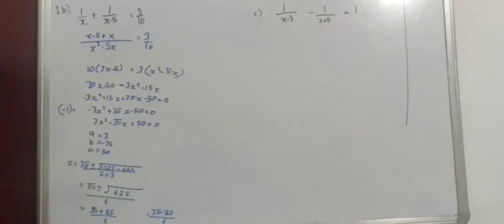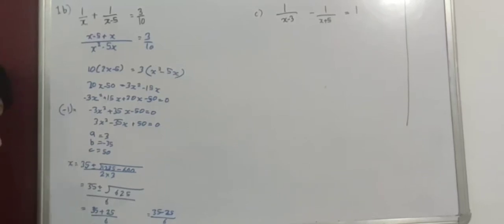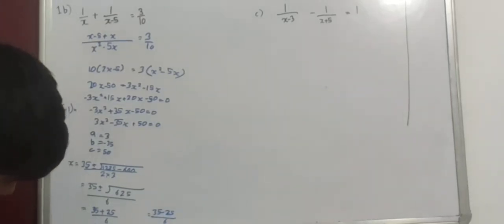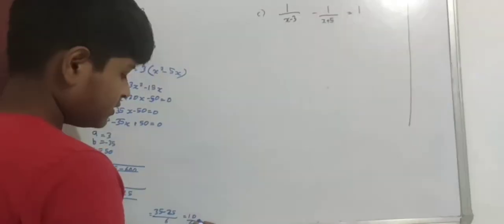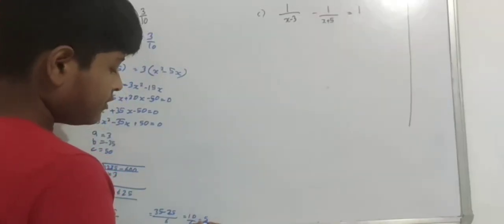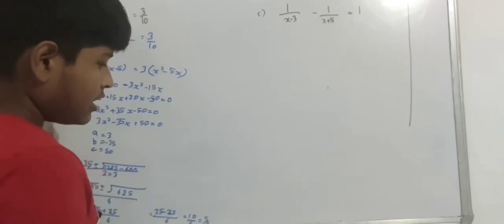So this you will get 60 by 6, that is 10, and this you will get 10 by 6. You will get 5 by 3 as your answer.